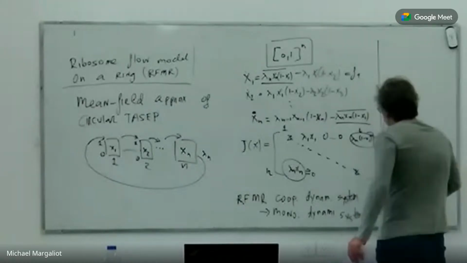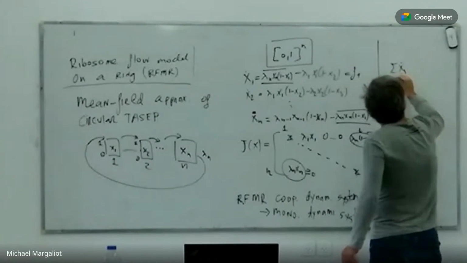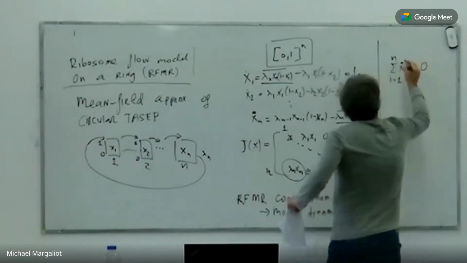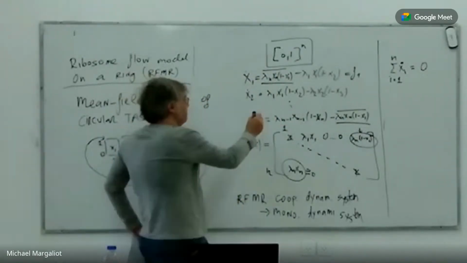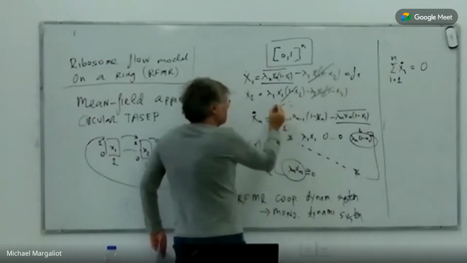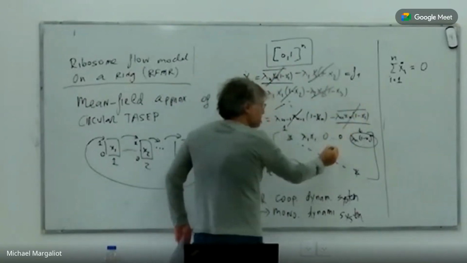The difference is that if I sum up all these derivatives, look what happens. This cancels with the next derivative here, all these cancel out, and this cancels with this.